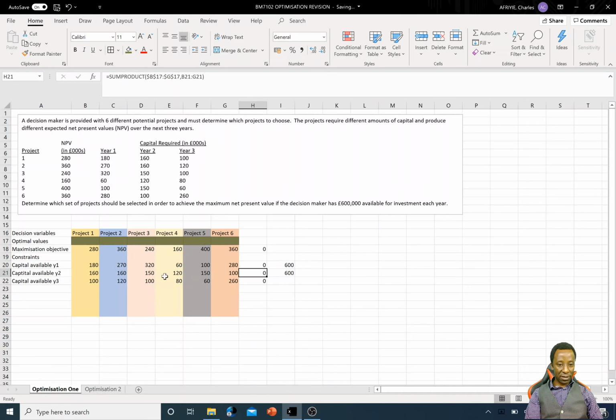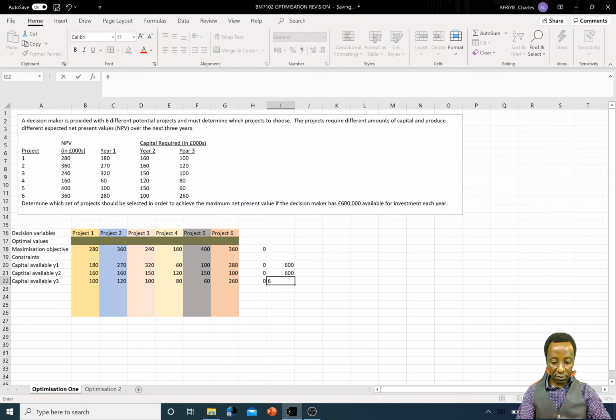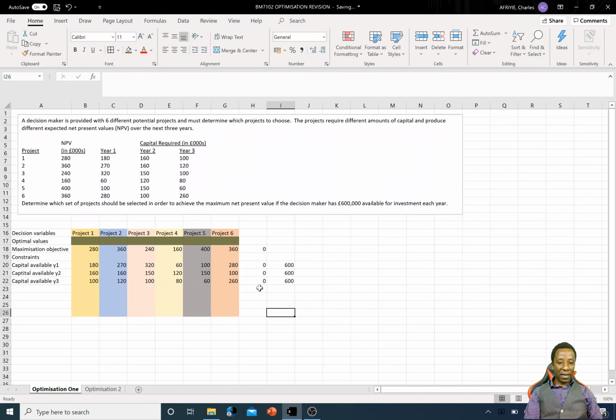It will do the same thing. It will multiply the numbers in here by the 1s and the 0s that would pop up in the optimal values row to tell us the total amount of capital that we would be requiring for year 2. Let's put 600 there. Okay, and then that would enable us check if we have stayed within the constraint.